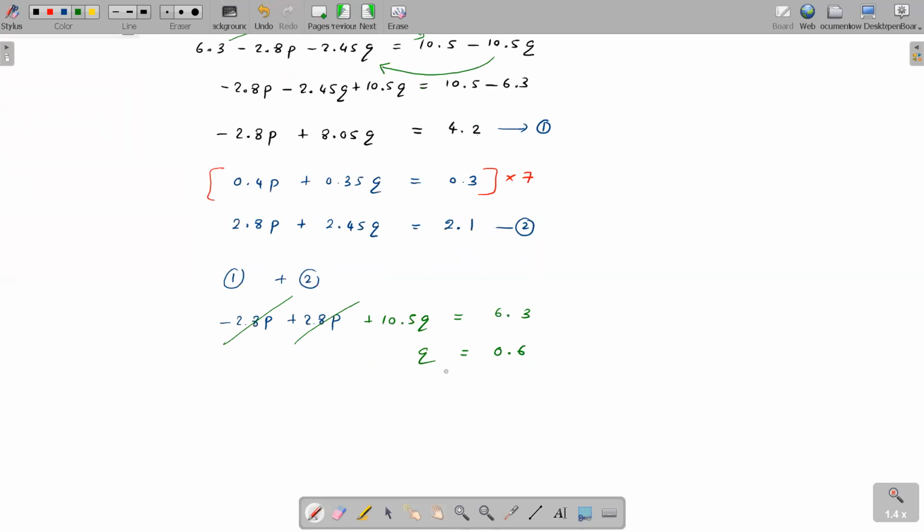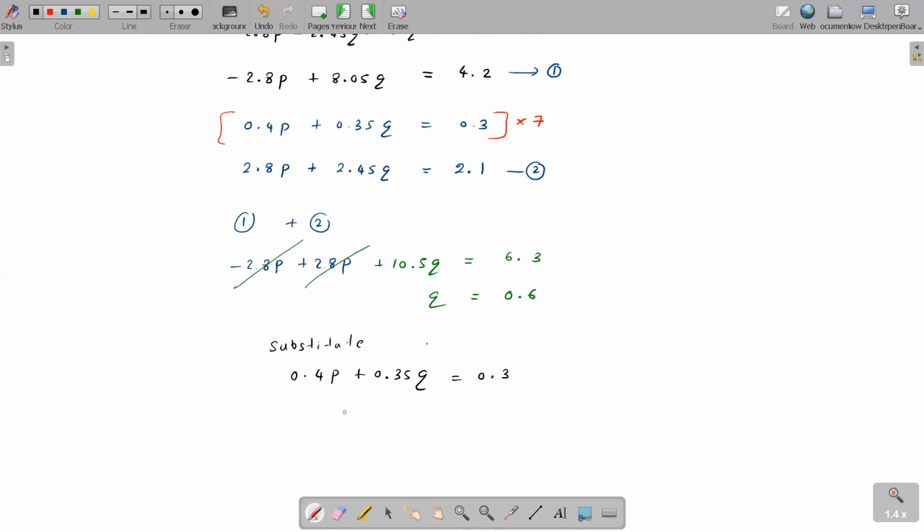Okay, and then what's the p-value? Substitute, children, what's the p-value? I'll put 0.4p plus 0.35q equals 0.3. 0.4p plus 0.35 times q, which is 0.6, equals 0.3.